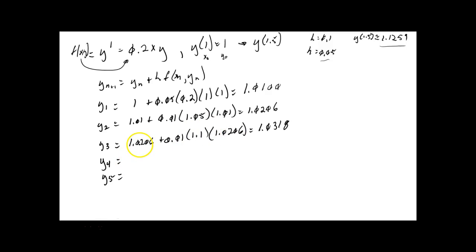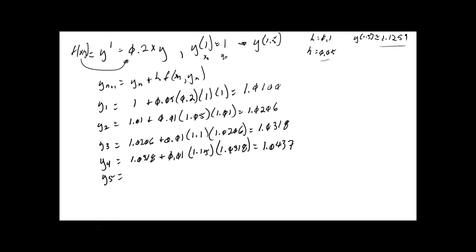So this will be, the previous y was 1.0318, exactly what you calculated just now, plus, and I just multiplied the first two together, 0.05 times 0.2 is 0.01, times, now the step is 1.15 times the previous one, which is 1.0318. That gives 1.04369, so I'm going to put 7.